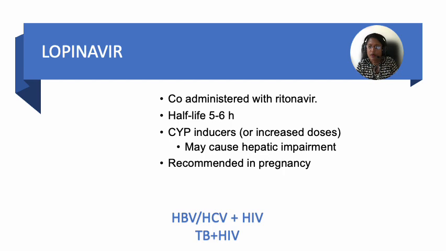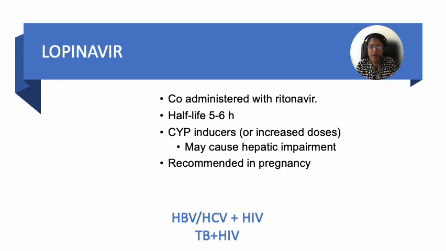So the ritonavir, lopinavir combination during the course of the TB treatment is required, but a boosted dose of ritonavir or increased dose of ritonavir is needed to supplement for the lack of rifabutin availability.